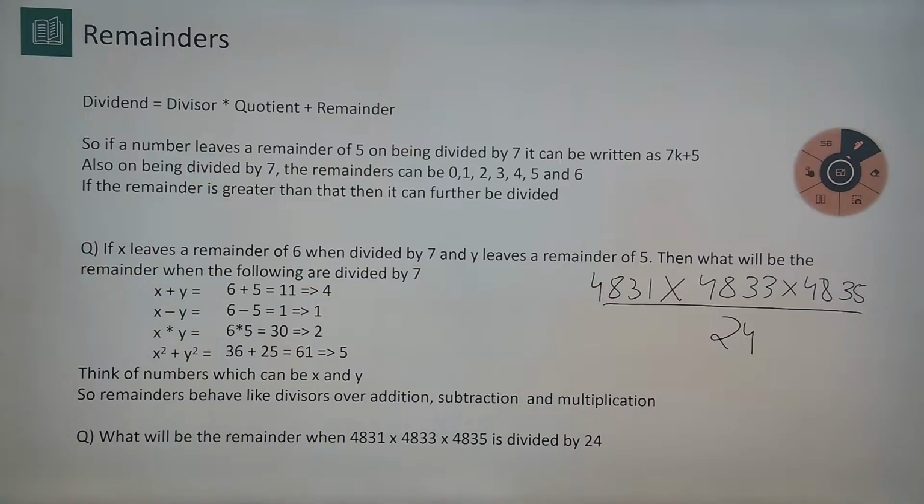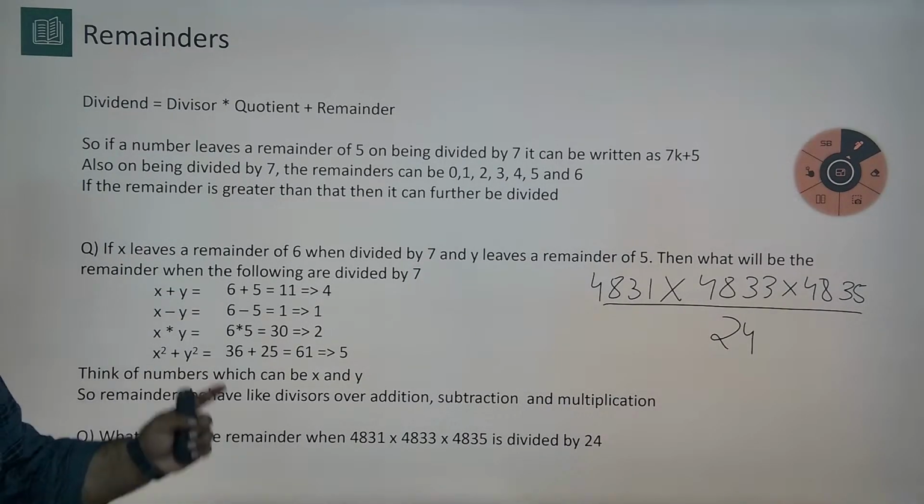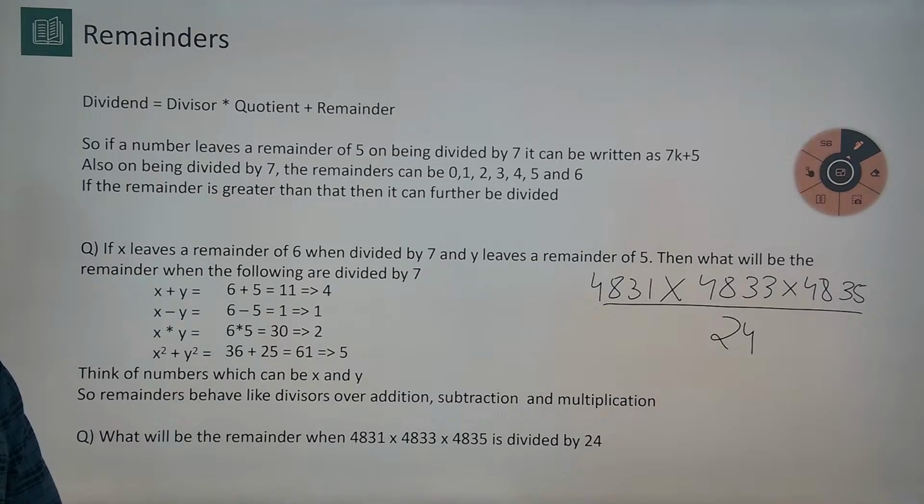Clearly, what I cannot do is multiply these numbers, because if I do that, I'll not be able to do anything else. Right? So what I do, I find out the individual remainders and then multiply the remainders.